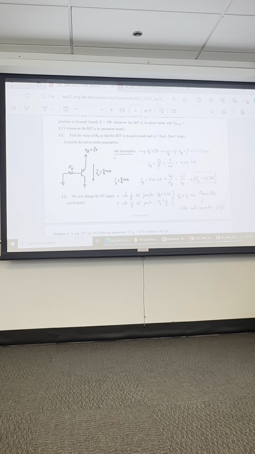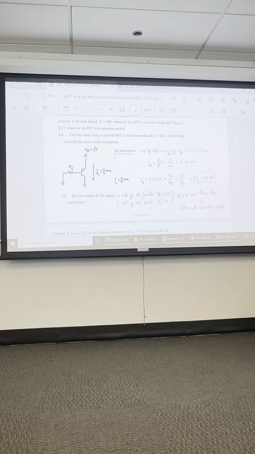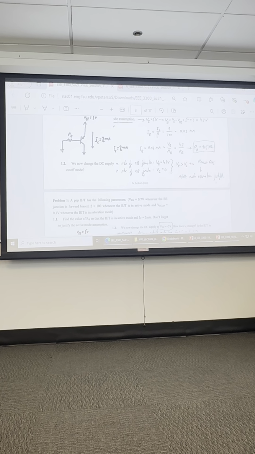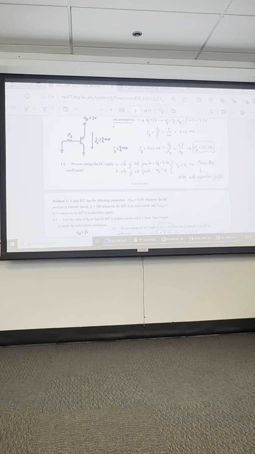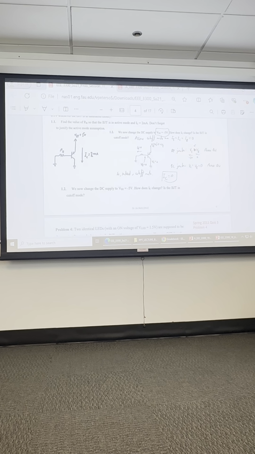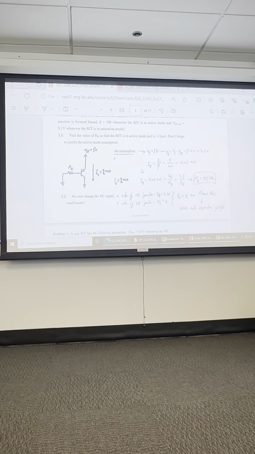So that combination is okay. And we already established this 0.7 volts across emitter to base, so that takes care of the emitter-base junction. So yes, it is in the active mode. And the lower part of it is asking what happens if you change the battery to minus 5 volts?